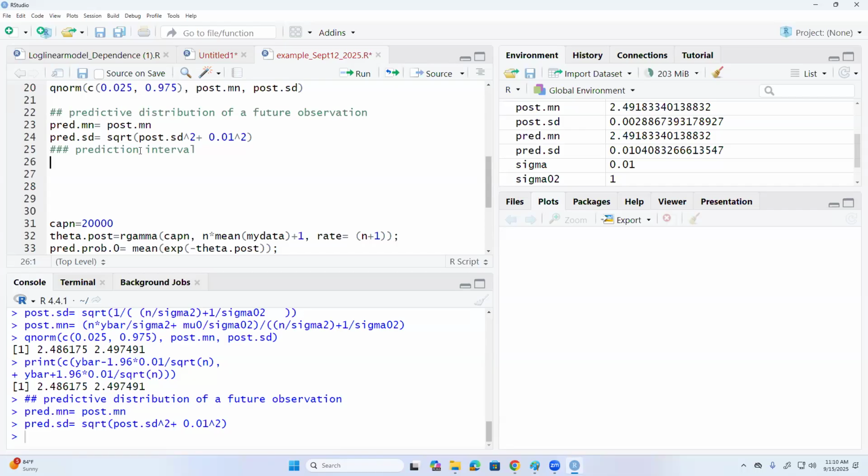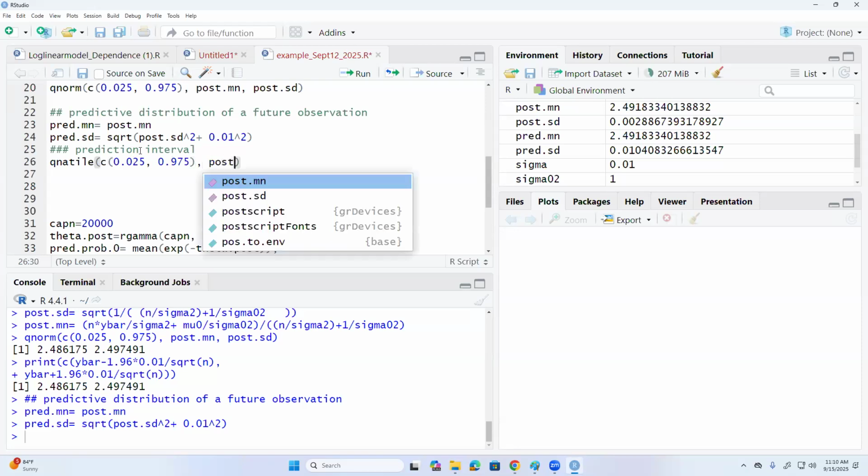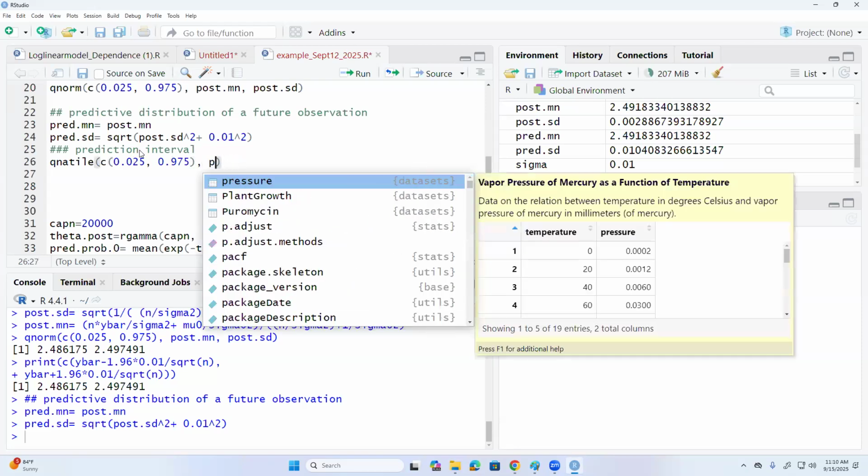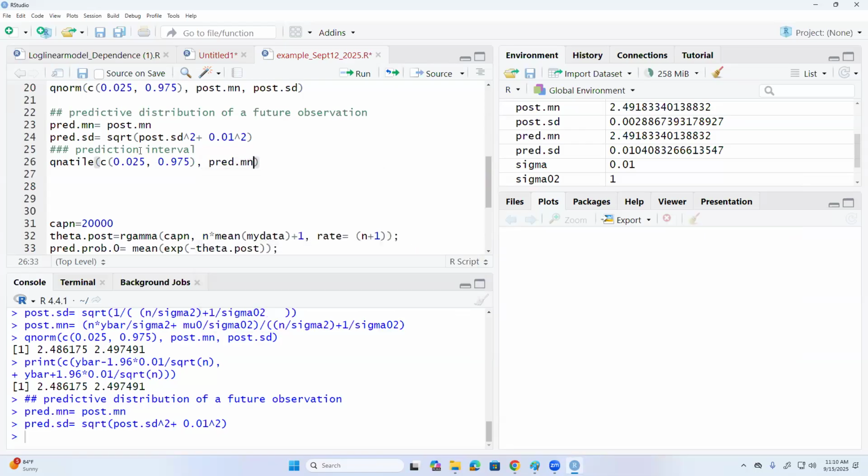So this is this interval. Quantile, 0.025, 0.975, pred. Let's do that.